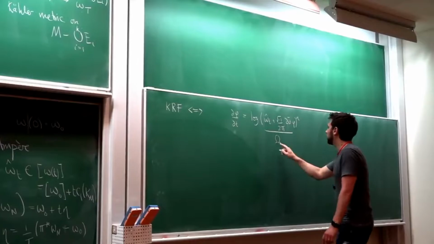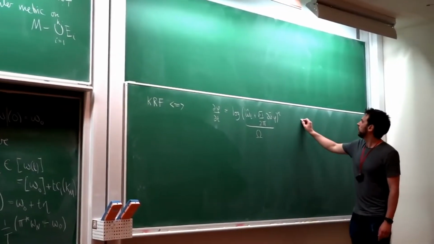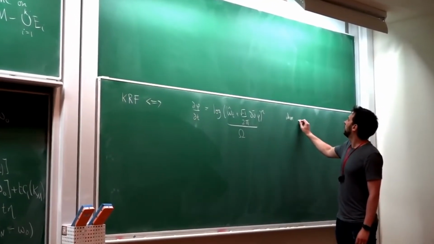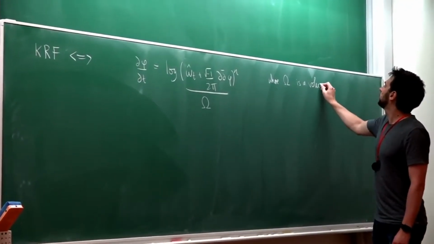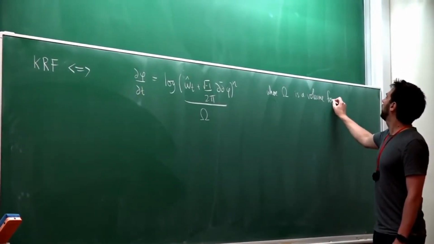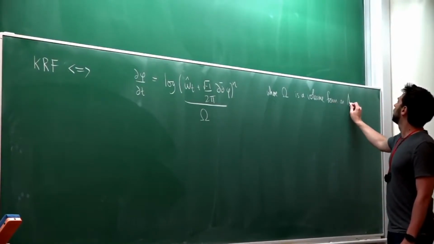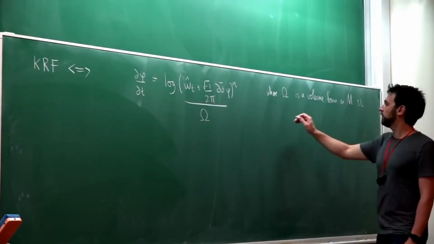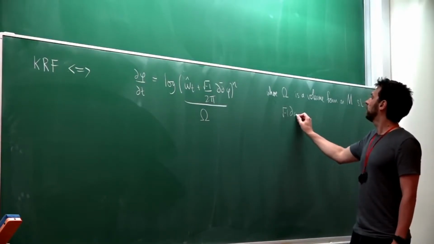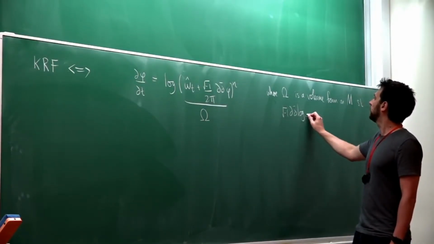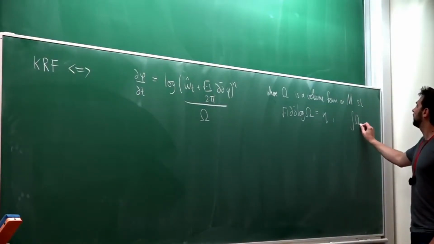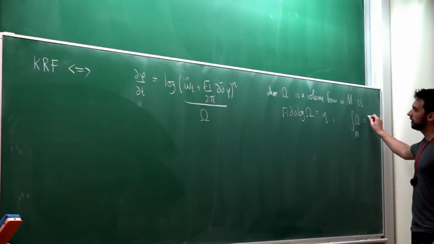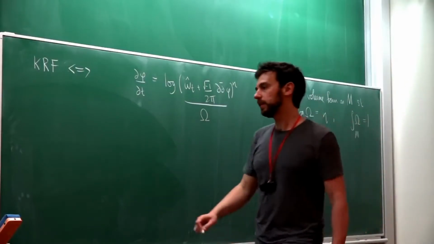I need to explain what this capital omega is. Here capital omega is a volume form on M such that dd bar of log of omega is equal to this eta, and let's specify it so that its integral is equal to 1. This normalization is not important.